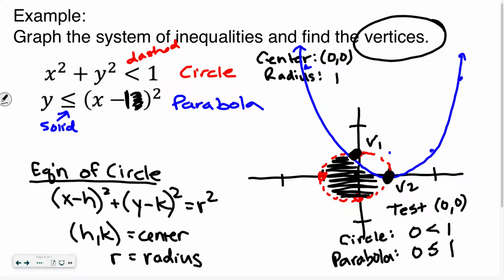I have 2 vertices because my parabola and my circle are intersecting at 2 spots. Do you know what those 2 points are exactly? Yeah, because we plotted each one of them when we were graphing the lines, right? So I can say V sub 1 is (0, 1), and V sub 2 is (1, 0).